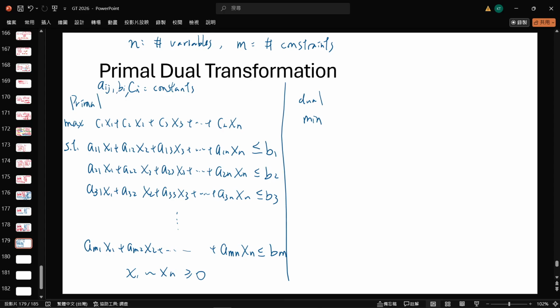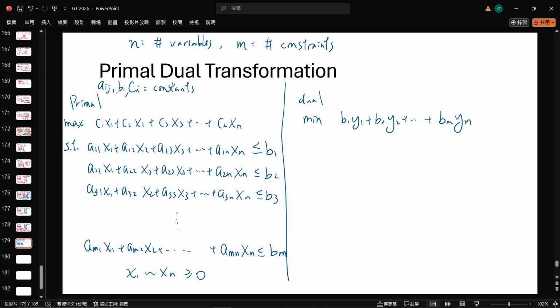And what's the objective function? It's the product of the right-hand side and the dual variables. So it's b1 y1 plus b2 y2 up to bm ym. So that's the objective function.